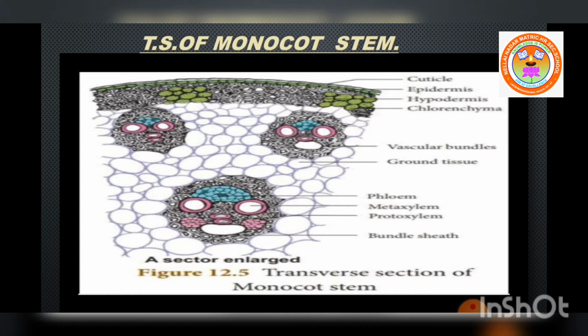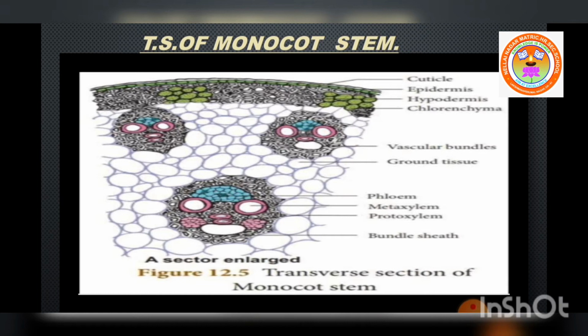Towards the center, the cells are loosely arranged, rounded in shape and bigger in size. The vascular bundles lie embedded in this tissue. The ground tissue stores food and performs gaseous exchange. So the major function of ground tissue: storage of food and gaseous exchange.